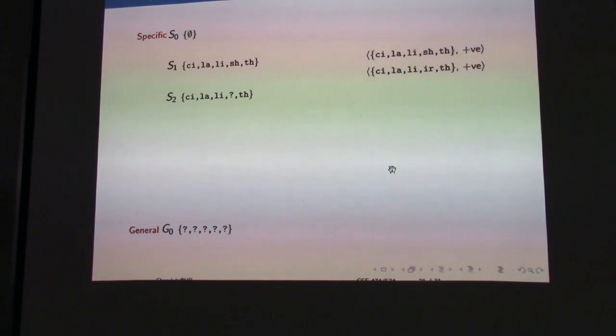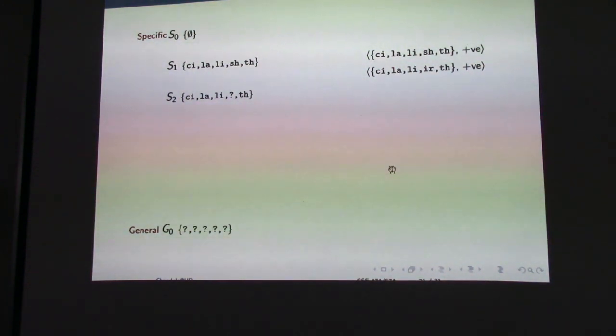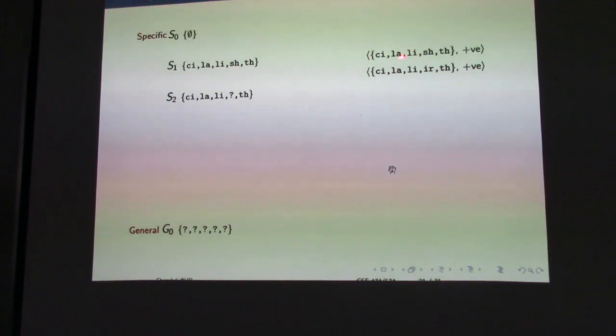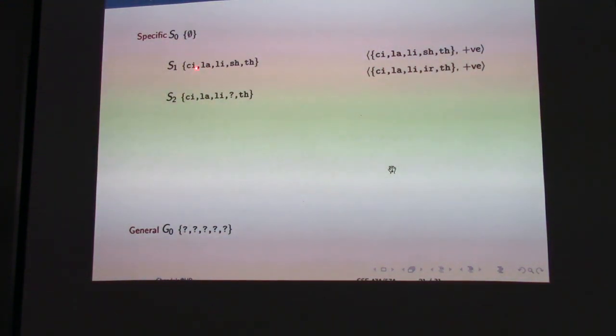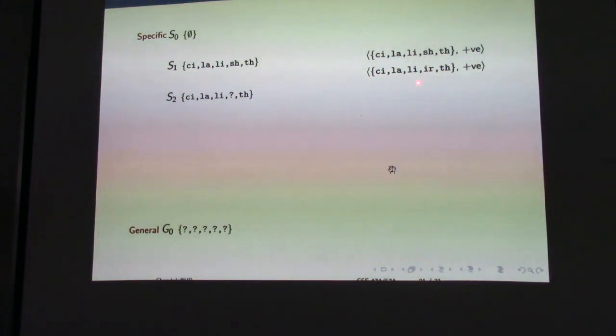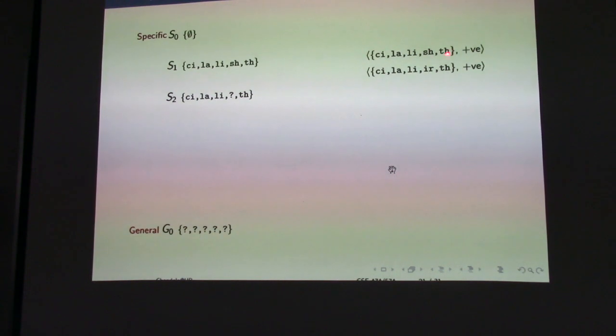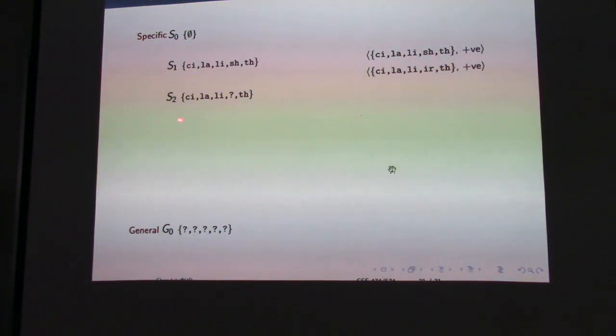Then we come to another positive example, and we compare the corresponding elements in S and the new incoming example. For example, CI equals CI, LE, RI, SH is not equal to IR, so it should be set to a question mark, and TH equals TH. So when we come to a positive example, we update the specific bound.